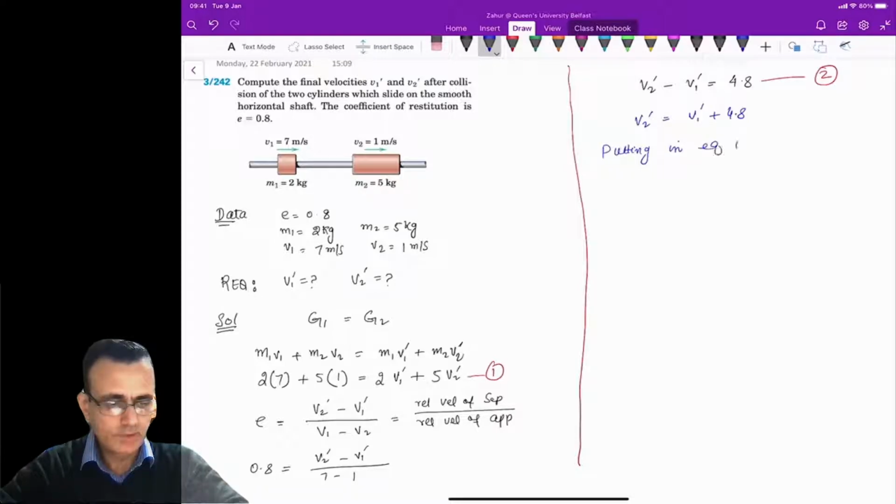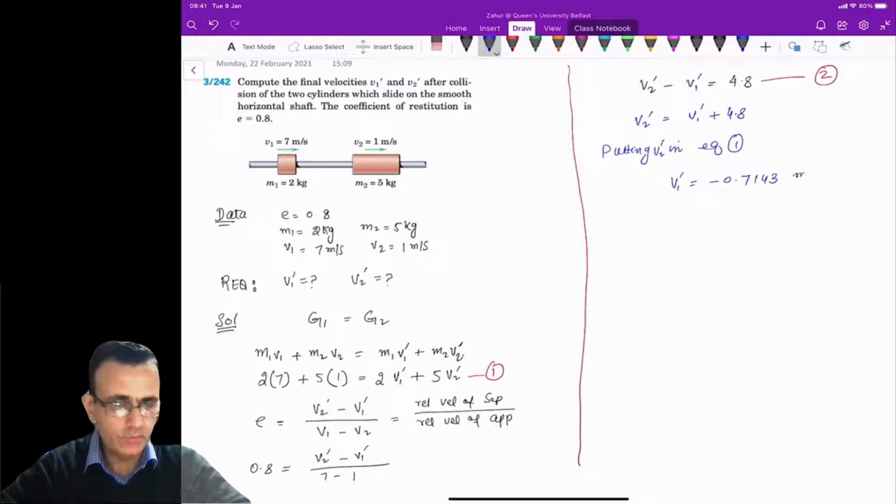So if you just put v2 dash in equation 1, what you will get is this equation here. So from here you will get v1 dash, which will be equal to minus 0.7143 meter per second.